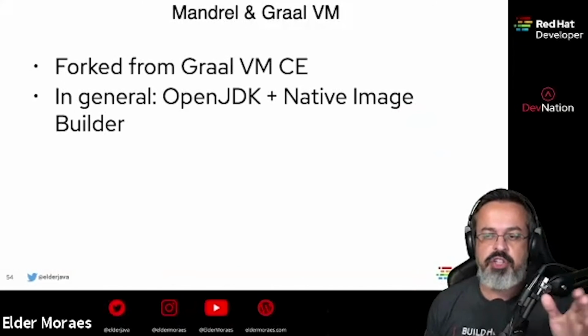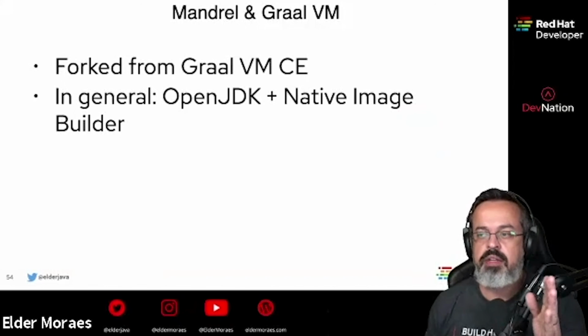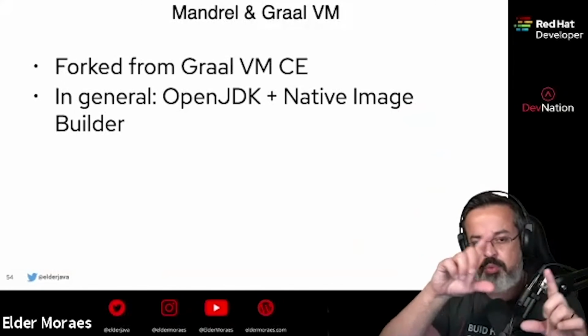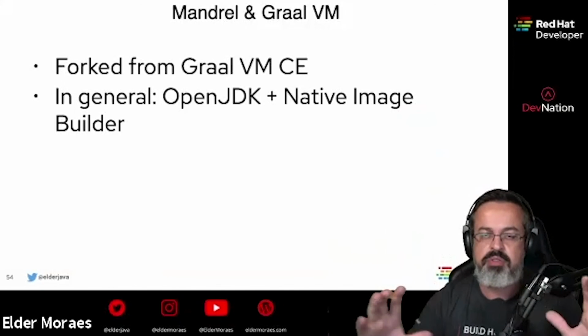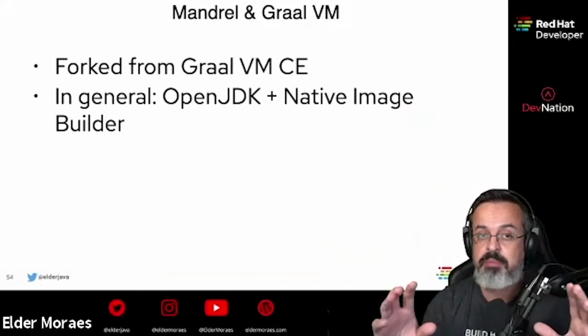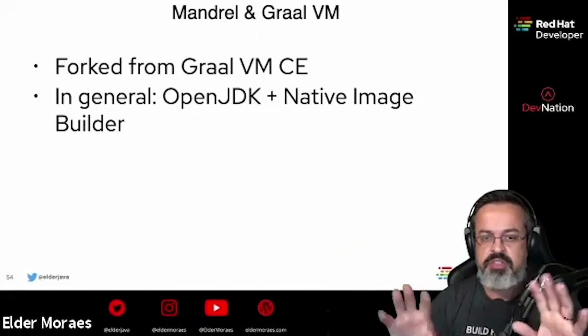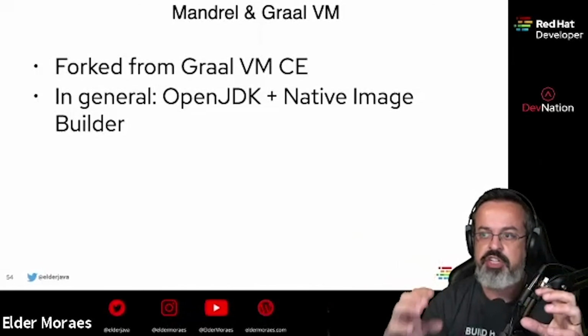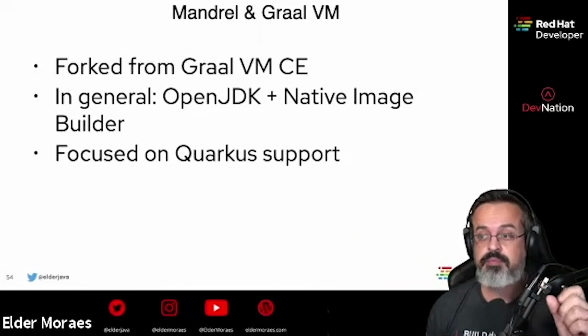In general, it's just an OpenJDK with the native image builder. So if you recall that image when I showed you all the modules of GraalVM, all those modules are not considered here in Mandrel. We have just the OpenJDK and the native image builder.